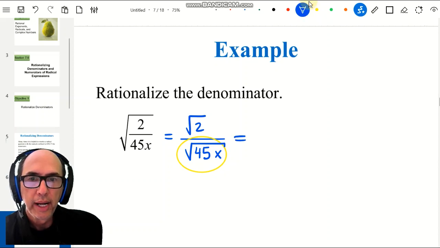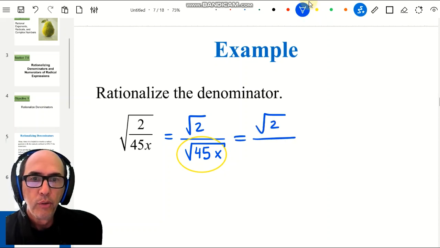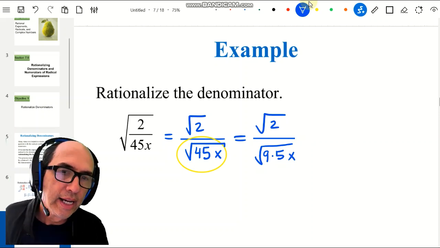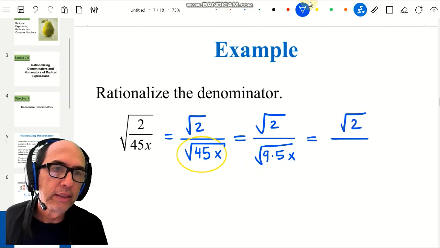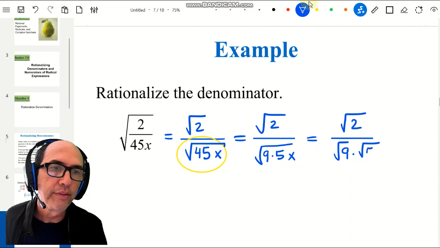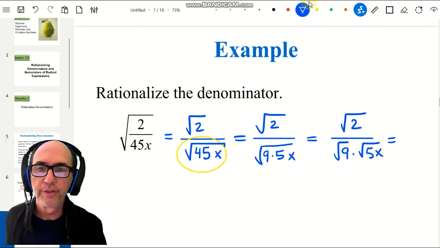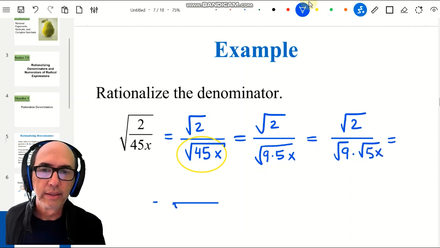We can write square root of 2 over square root of 9 times 5x, right? 9 times 5 is 45, and 9 is a perfect square. That means this is equal to square root of 2 over square root of 9 times the square root of 5x, and we know square root of 9. This equals square root of 2 over 3 square root of 5x.